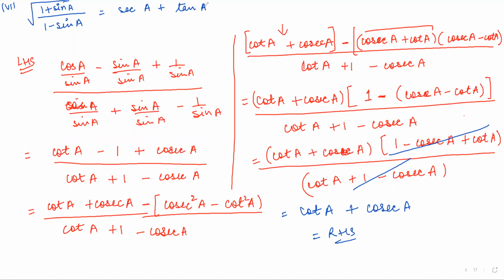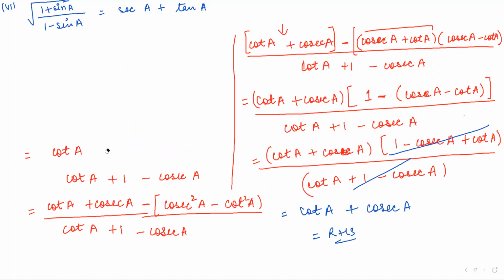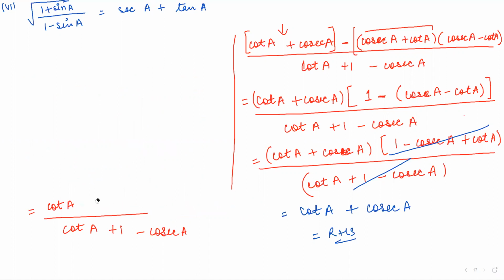Okay, so I'm erasing a little bit from here. Whenever you have an under root in the denominator, the first step is to rationalize it, right? We try to remove the under root.